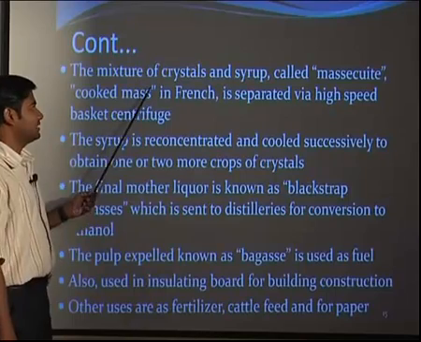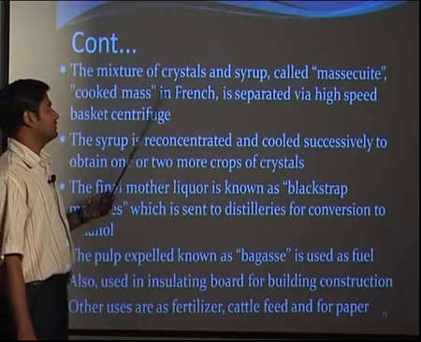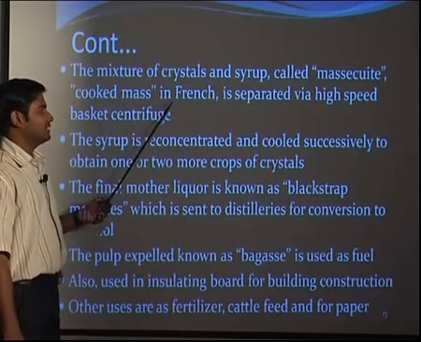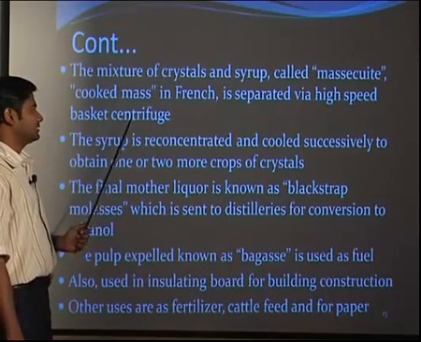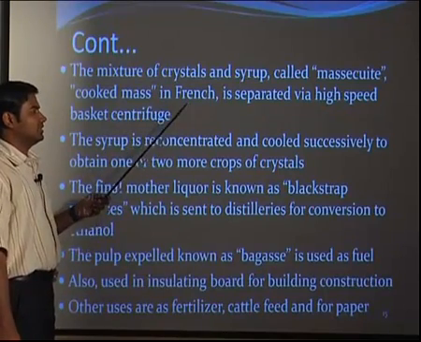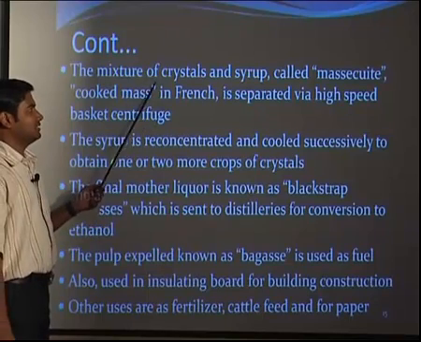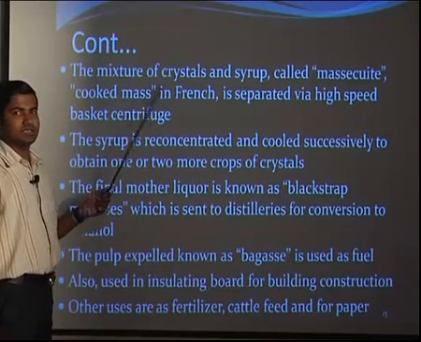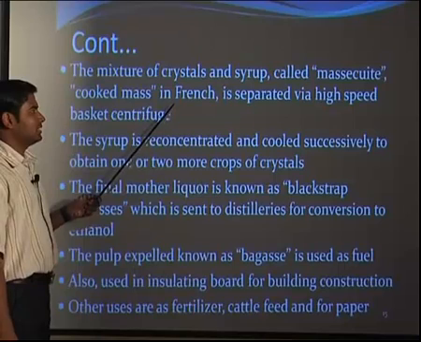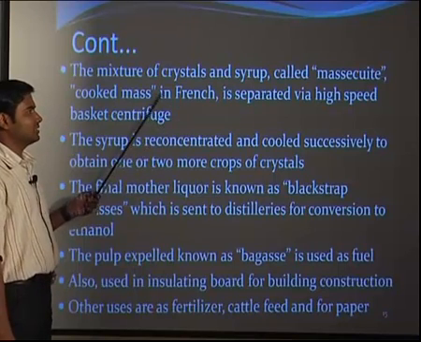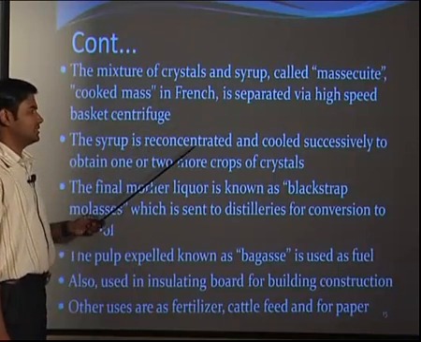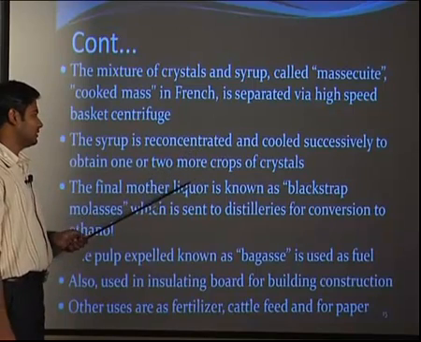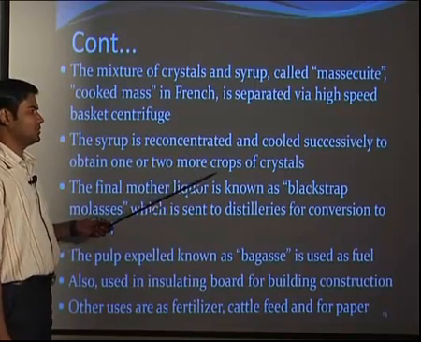The mixture of crystals and syrup is called massecuite, which is cooked mass in French, and it is separated via a high speed basket centrifuge. The syrup solution with crystals is centrifuged at very high speed, and the crystals separate. The syrup is reconcentrated and cooled successively to obtain 1 or 2 more crops of crystals.